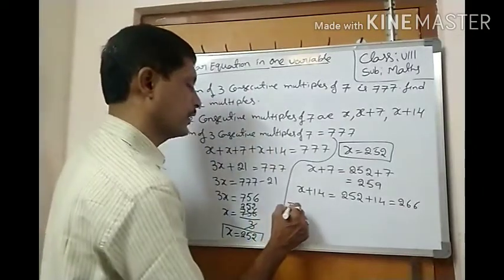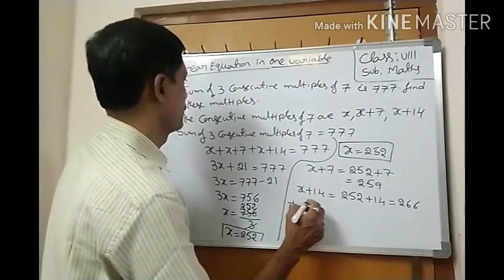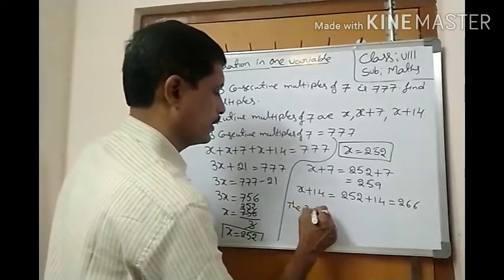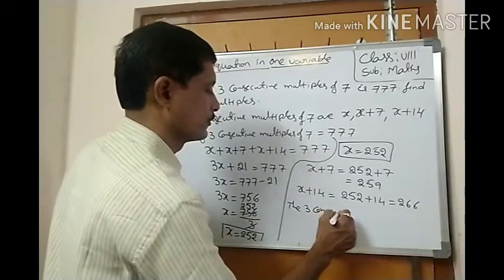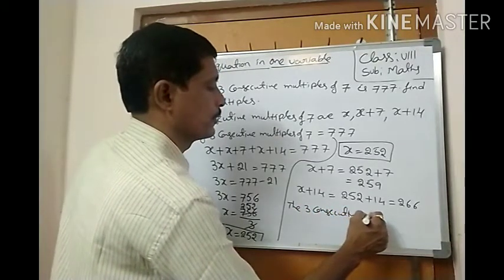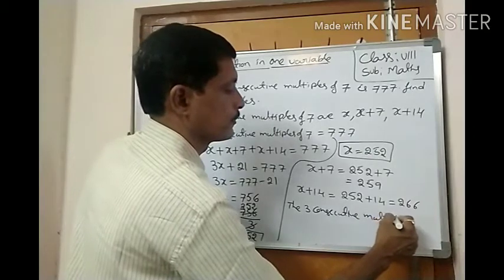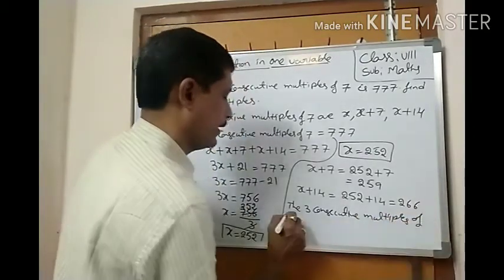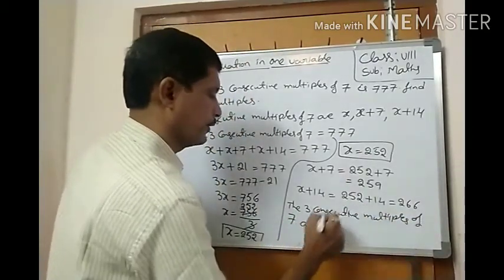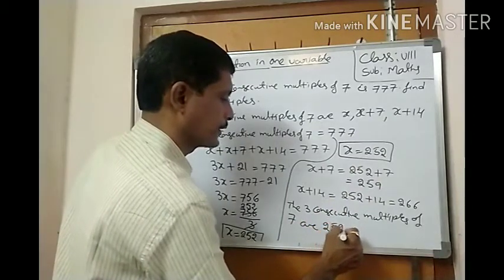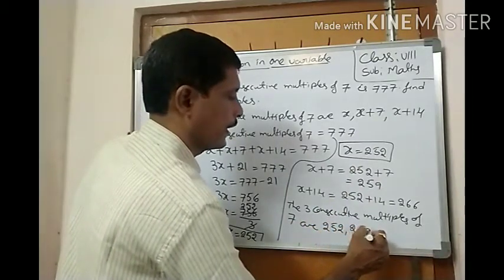Therefore the three consecutive multiples of 7 are 252, next number is 259 and 266.